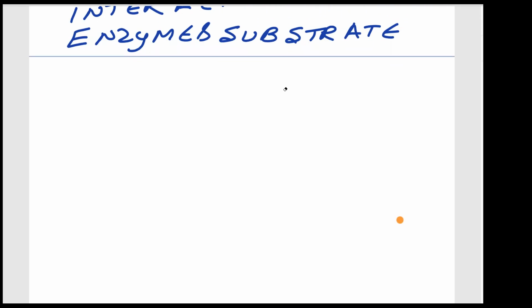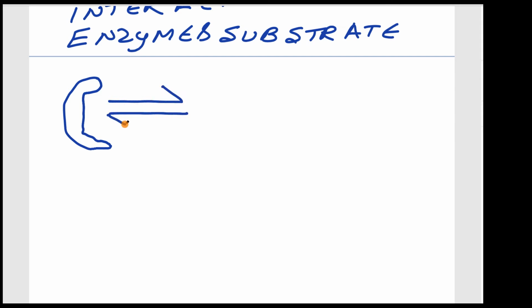Let me explain through drawing the diagrams how this complex formation is taking place, how it is facilitating the inhibitor binding. Let us see. The first one, simple enzyme substrate complex. The enzyme combines with the substrate, leading to the formation of the enzyme substrate complex.